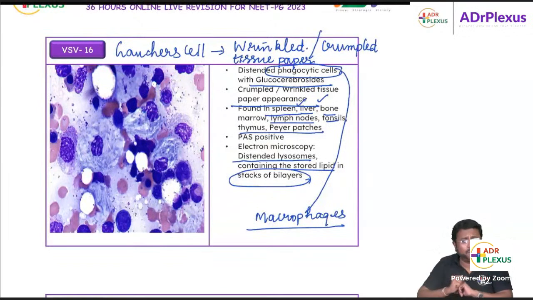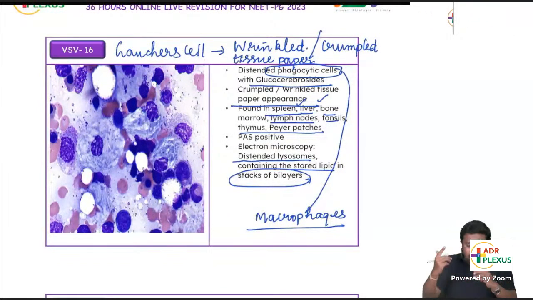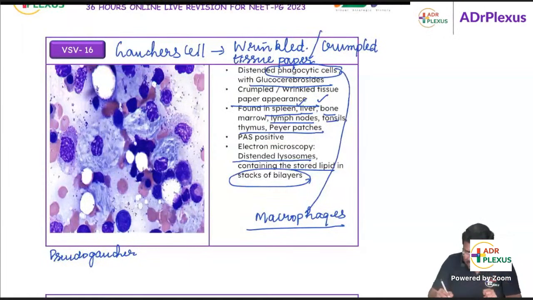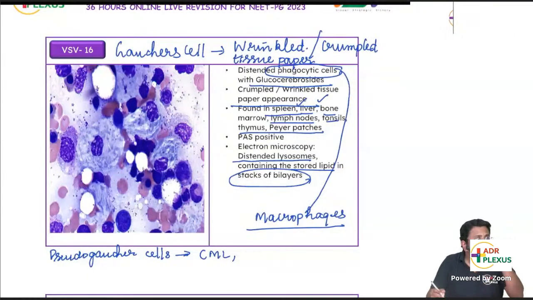Okay, so now let us recollect in which conditions you will be getting pseudo-Gaucher cells. Cells which look like Gaucher cells but are not seen in Gaucher disease, only in some other conditions. Yes, CML, and some conditions in AML also.